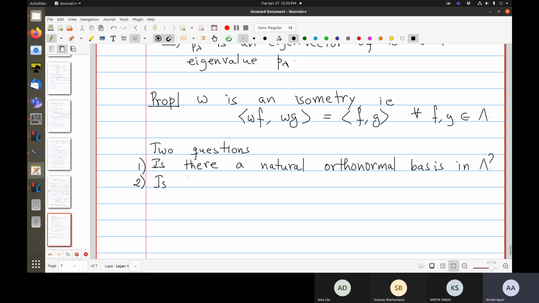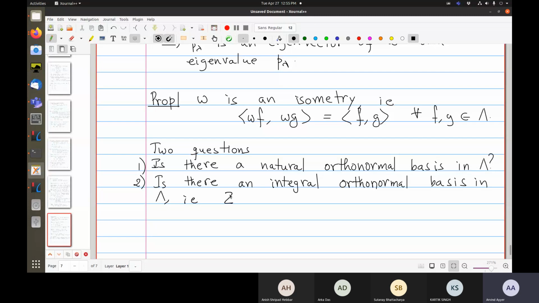And number two, is there an integral orthonormal basis in lambda, let me give it a name, say B lambda, i.e. B lambda is Z-linear in M mu, and M mu is also Z-linear in B lambda.